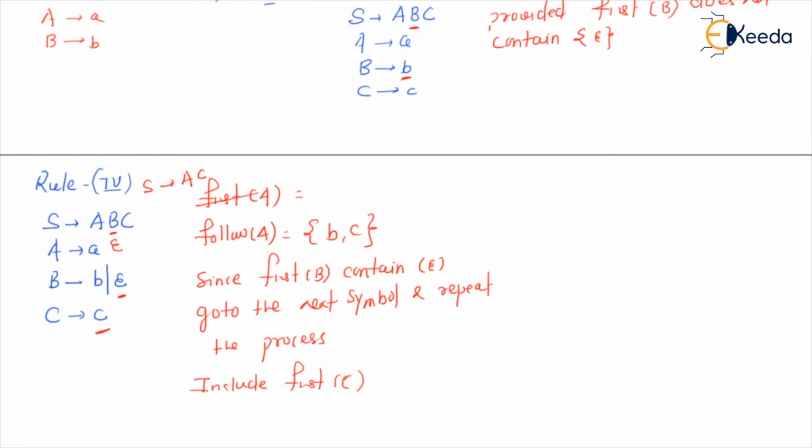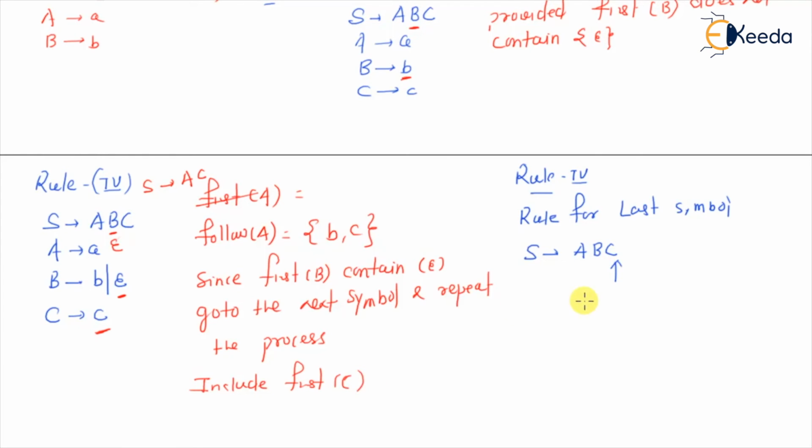Now we are coming to the last rule here, and rule 4 is one where you have to understand it very clearly, and be very careful to apply it. I call this rule the rule for the last symbol.